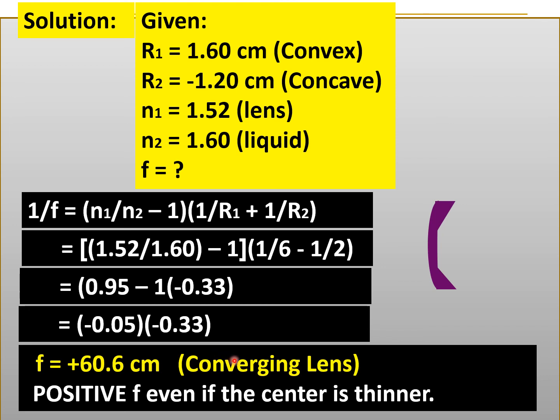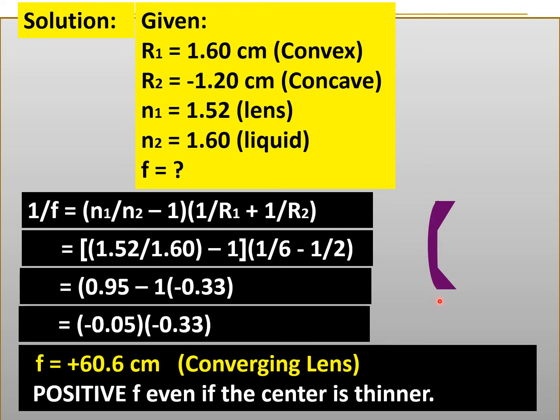That's why we said it's a converging lens. Our computation is correct. There's nothing wrong with our resulting sign. It really is a positive sign. That's why we interpreted it as a converging lens, even if in our drawing the geometric center appears thinner than the edges.